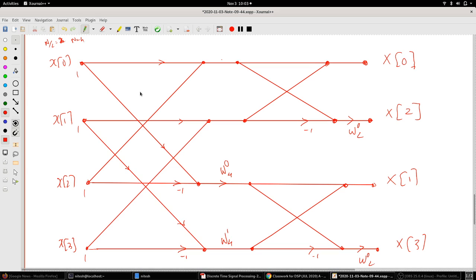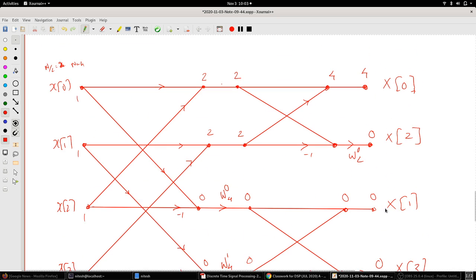So 1 plus 1 will be 2, this will be 2 here, this will be 2 again, 1 minus 1 will be 0, into W0 of 4 is 0, 1 minus 1 will be 0, into W1 of 4 will be 0. 2 plus 2 comes to 4, 2 minus 2 into W0 of 2 will be 0, this will be 0, and this will be 0.